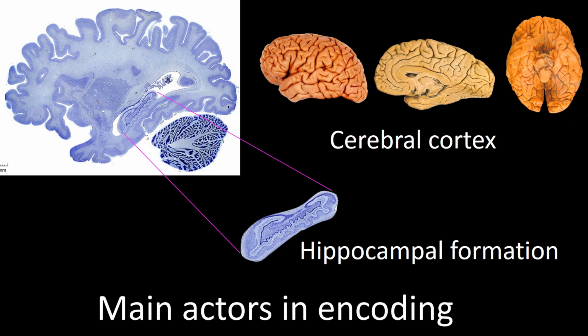The areas of the cerebral cortex involved in memory are the association areas. These areas are present in the lateral, mesial, and inferior surfaces of the cerebral hemispheres. For the benefit of clarity, I will use only the lateral surface of the brain to illustrate how encoding occurs.